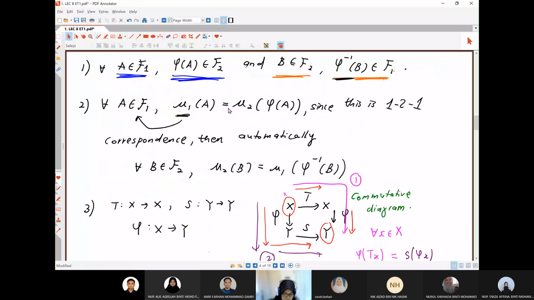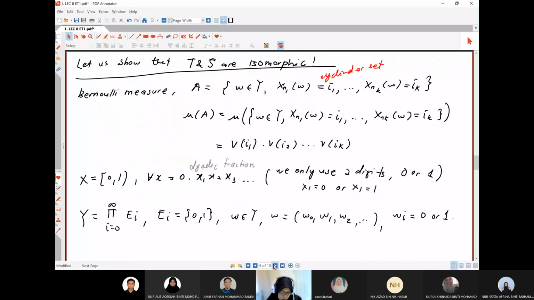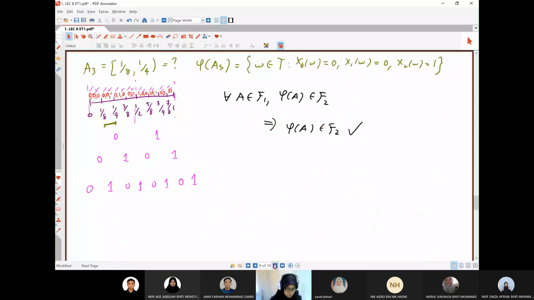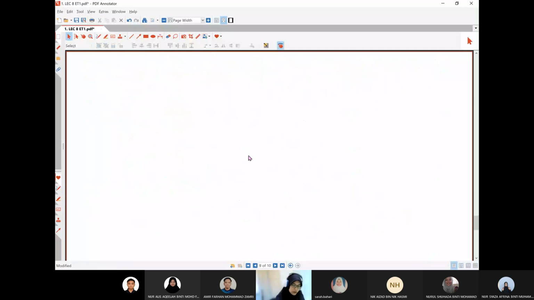So next we go to properties number 2, which is for any A in F1, the measure 1 of A is equal to measure 2 of the image of A. Okay, now let's try to go and have a calculation about how to show the second properties. Let's try this part. Okay, now number 2.